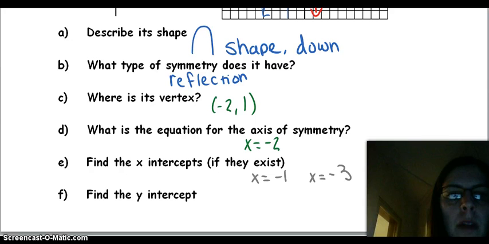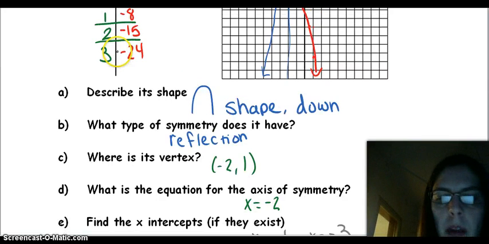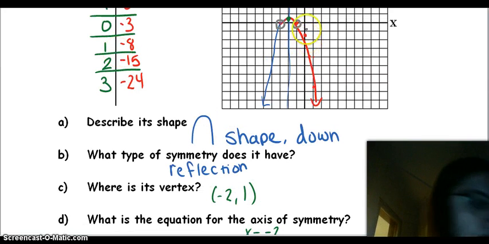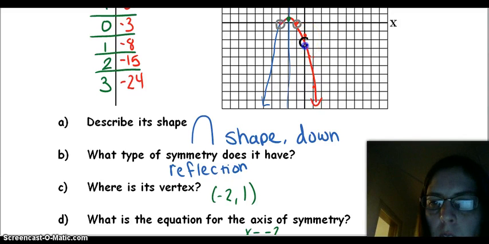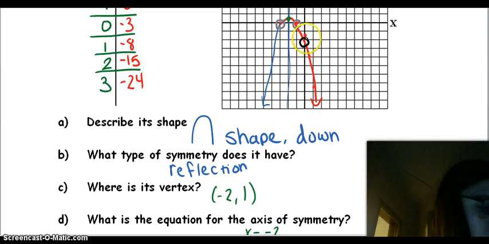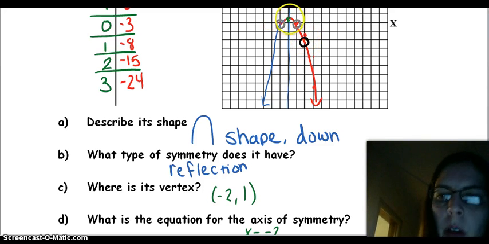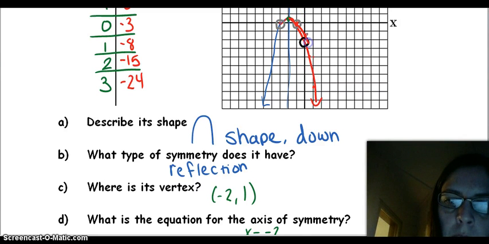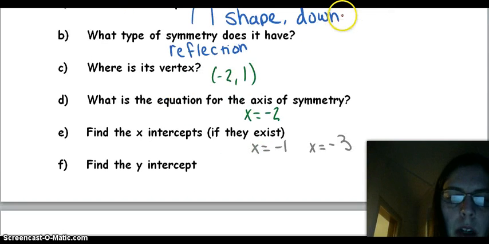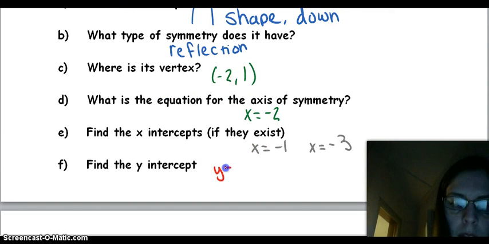And in black, I'll put the y-intercept, and that's where it crosses the y. And it looks like here it crosses right about 2, 3, I guess I didn't draw my line very well here, so it really crosses right here at -3. So we'll put that here, y equals -3.